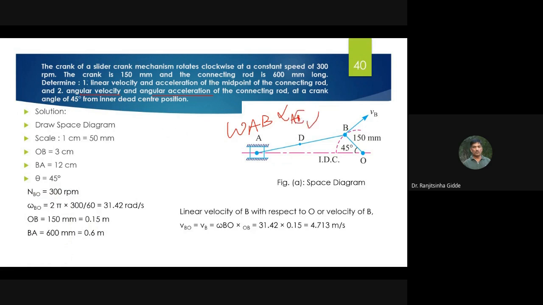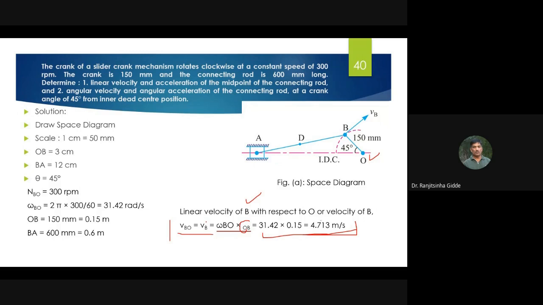So first of all, we need to start from the velocity diagram, and as a first step we got this value, that is the linear velocity of B with respect to O, denoted by VBO is equal to VB is equal to omega BO into OB, and we got this answer.